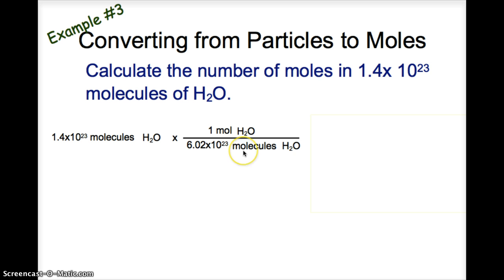So this molecule is going to be canceled by that molecule. Now when I continue, I end up getting 0.232558 in the calculator, but that's not what I can report. Since I started with just two significant figures here, I have to report only two significant figures, and my final answer is 0.23 moles of water.